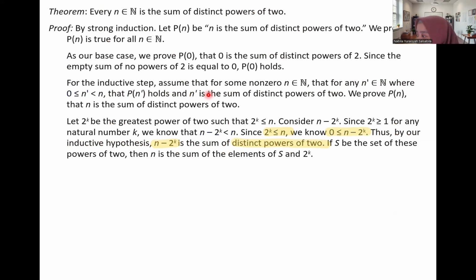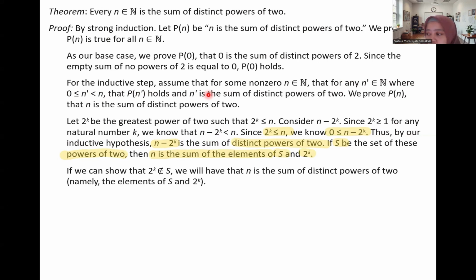So let's state another set S as the set of the powers of 2, where n minus 2^k is the sum of the elements of S. So S is the sum of powers of 2 other than 2^k.